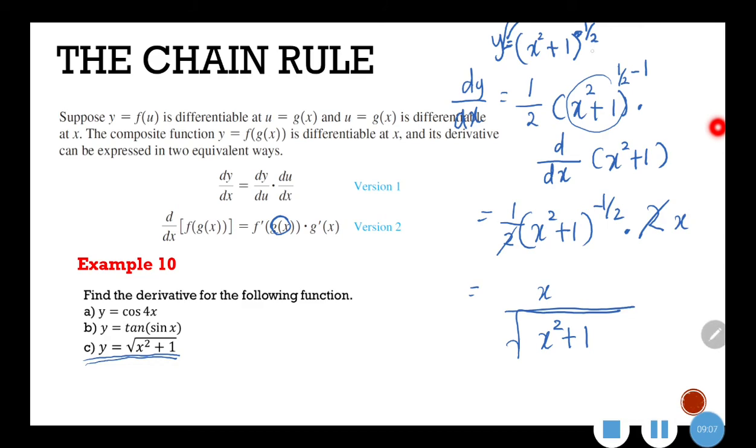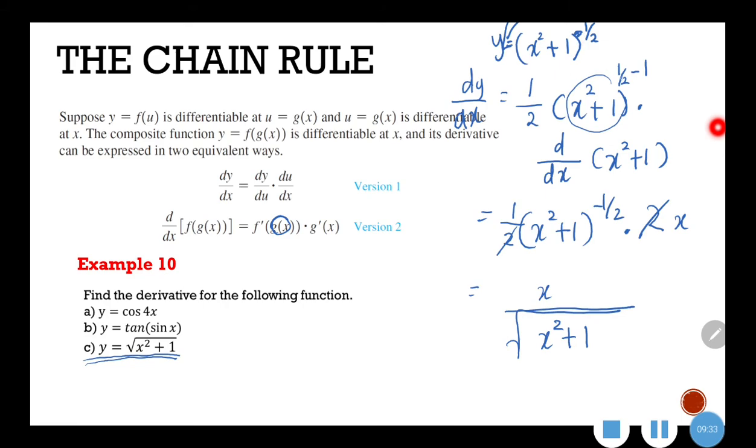So for this one here, y equal to the cube root of x squared plus 1, which can be rewritten like this: x squared plus 1 to the power of half. And then what you should do is differentiate the overall function first, which is f prime.